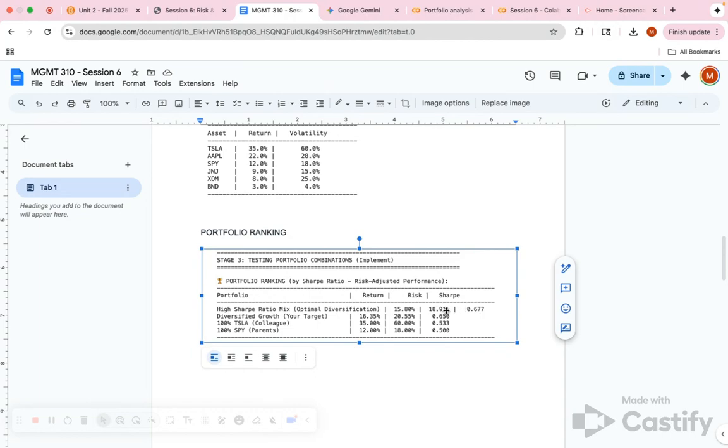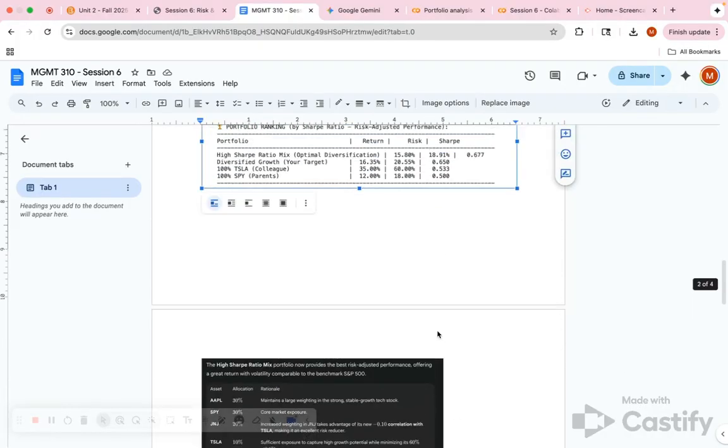If you look at some of these, the Tesla stock gives you more return than the Sharpe ratio mix, but the risk is also 60%. And if we go back to the S&P 500, you're getting a lower return, and it is a little safer, however the Sharpe ratio is lower.